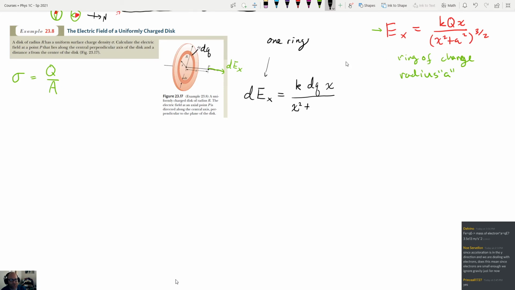What about a? What should a become now? a previously was the radius of the ring of charge. Can you see on this picture what that radius is defined as? Little r. So big R is the radius all the way out to the edge. Little r is the radius of an individual ring. That's the variable that we're going to want to integrate over, because we'll start off with a ring that has size really tiny, and we'll move to rings that have size big R. That was to the 3/2 power.